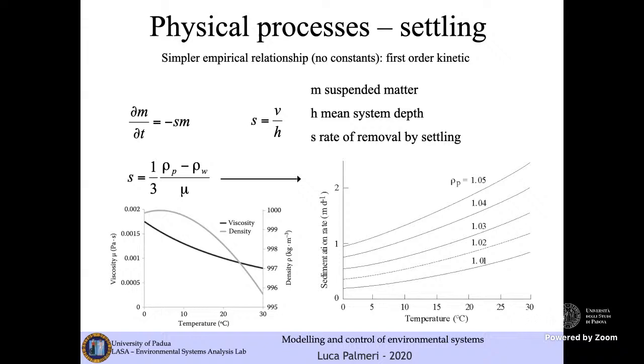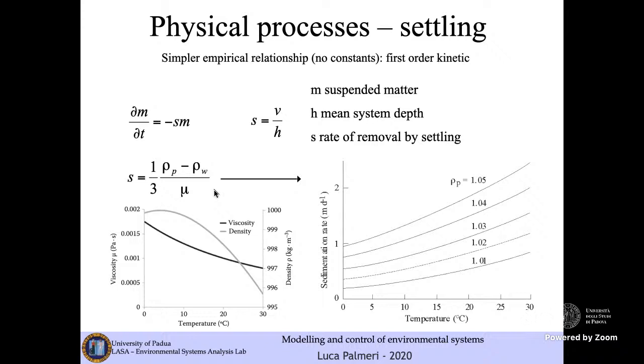So two ways for modeling settling: explicit application of Newton's law, and you end up with the Stokes law formula, or an empirical model, which depends on a couple of parameters, in particular the water system depth, and the settling velocity, that, as we have seen, depends essentially on the difference between the density of water and the density of the particle, normalized by the viscosity of water.